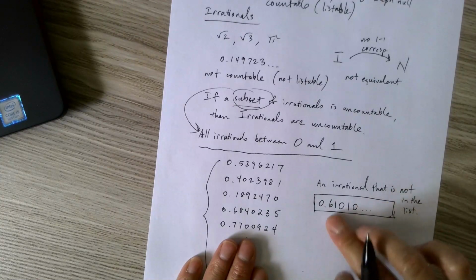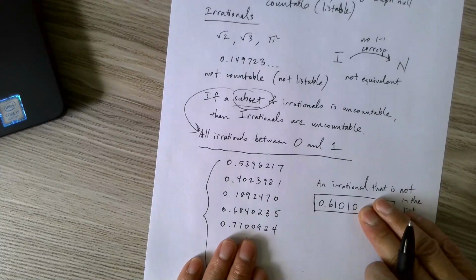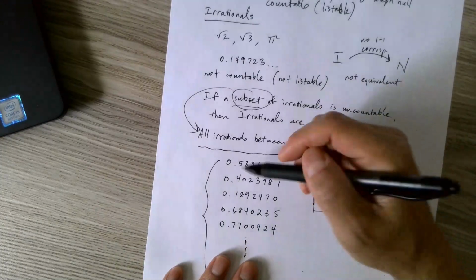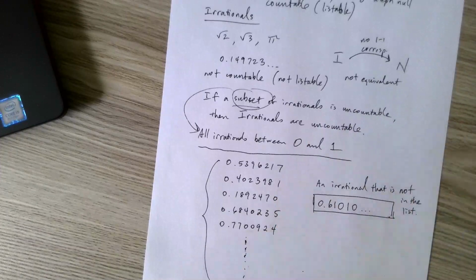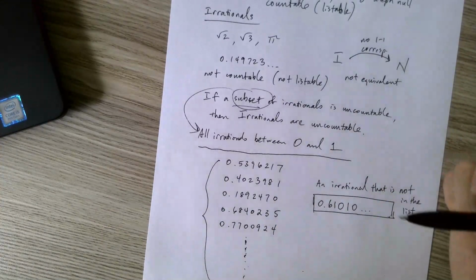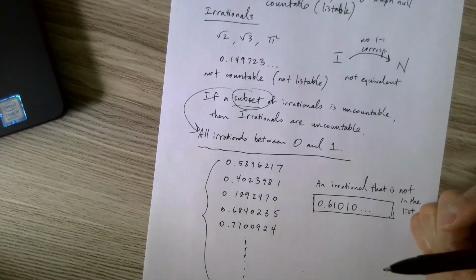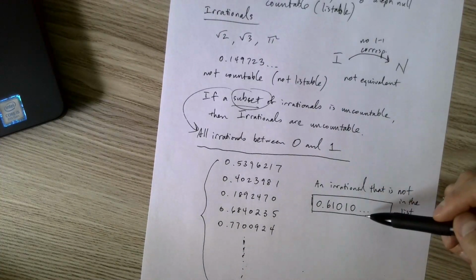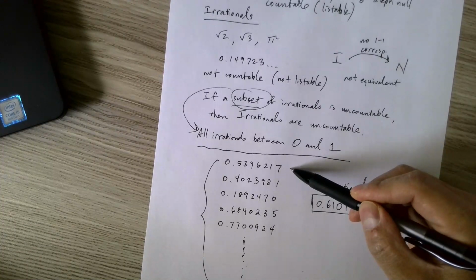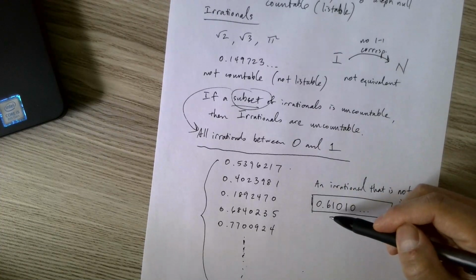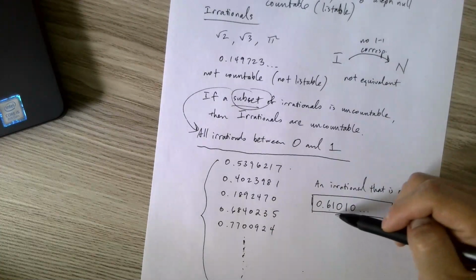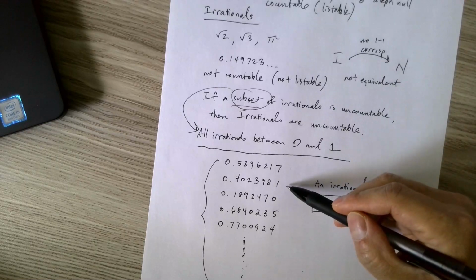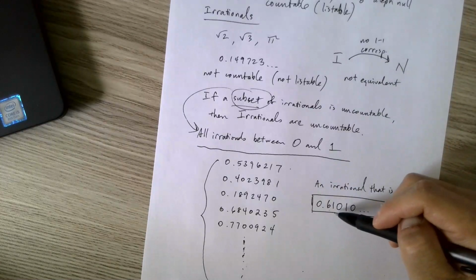I can prove that this 5-digit decimal number, sorry, I think there should be 6 digits, hold on. No, 5-digit decimal number is not in this list. So I can ask you simple questions to prove that. Could this number be the first number in the list? No, because the easiest way to prove that is the first digit 6 is different from the first digit 5. Could this number be the second number in the list? No.